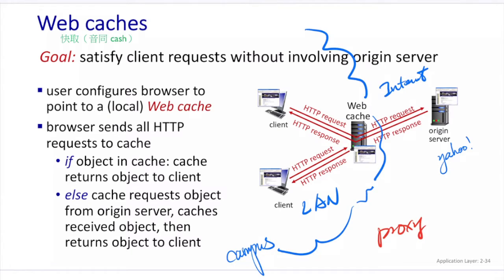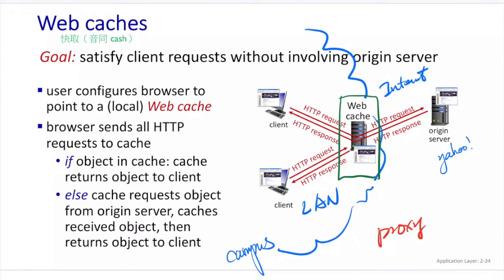So there's another mechanism called web cache. Web cache means you can set up a machine in your local area network, in your LAN, in the campus, or in the dorm.